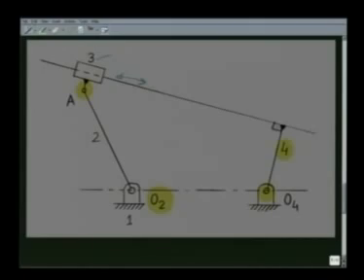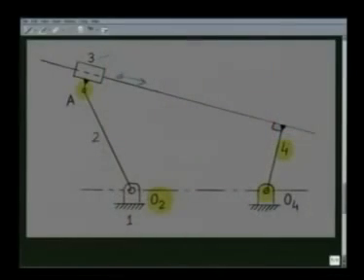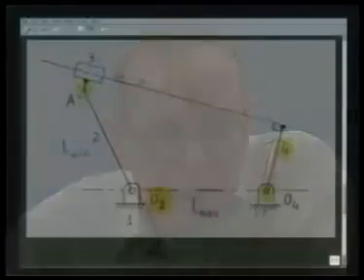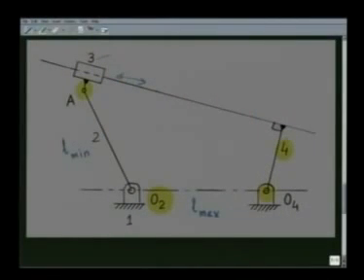So, first of all, let us identify what are the kinematic dimensions of this 3R1P mechanism. O2O4, that is one link length, let me call it L max. And O2A is another link length which is L2, let me call it L min. This 3R1P mechanism has only one more kinematic dimension, that is the offset. One should not be confused by this dimension.